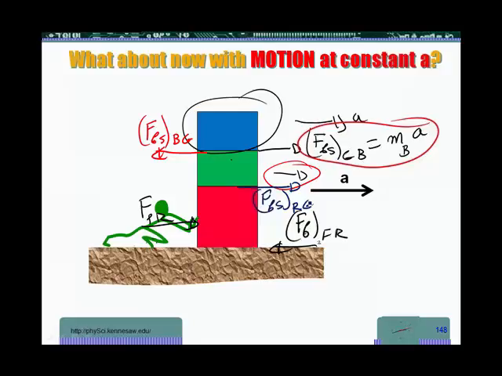Okay? There is no other thing that can exert forces on the green one. So what we have for the green one, along the horizontal, static friction force due to the red, plus static friction force due to the blue, is equal to the mass of the green times a.